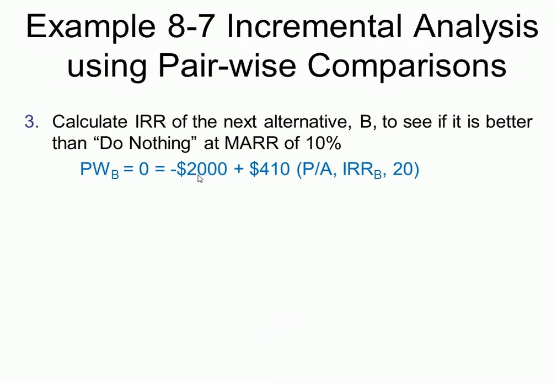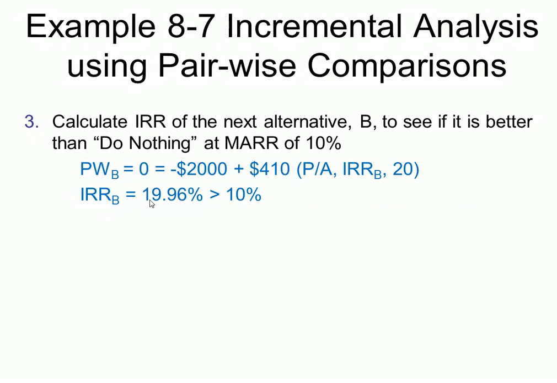So this is a negative 2,000 of the cost, this is 410 of annual benefit. To make it in the present, we multiply that by P given A. And from this equation, we can determine the P given A, and from P given A, we can determine the internal rate of return by maybe plugging in some values of rate of return and then interpolating.